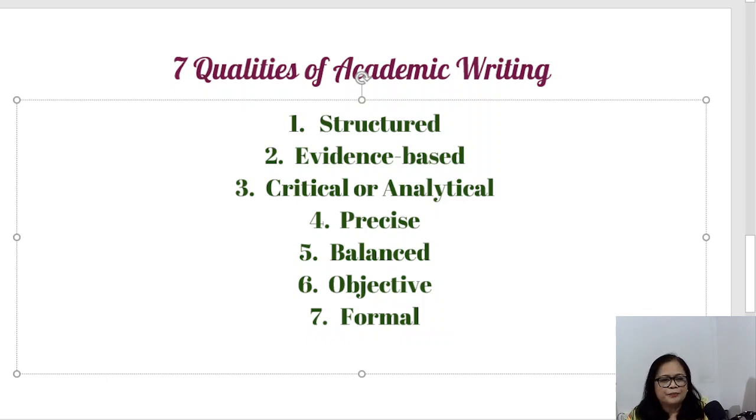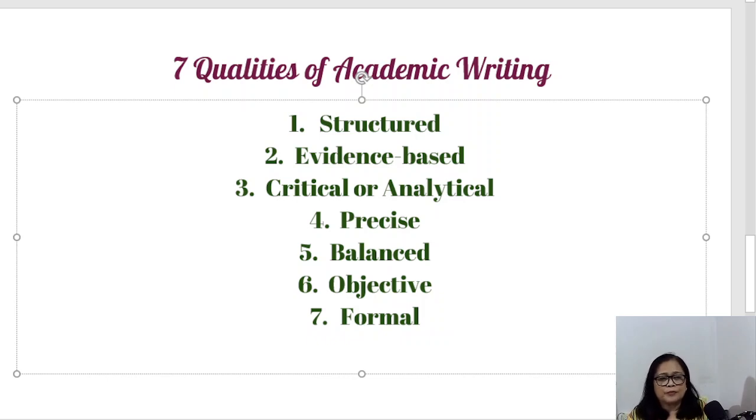And finally, formal. So what is formal? When we say formal structure, it means you are expected to use more complex sentences. So we are having different sentence structures, right? We are having simple, we are having complex, we are having compound and compound complex.